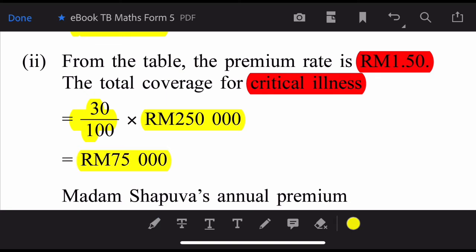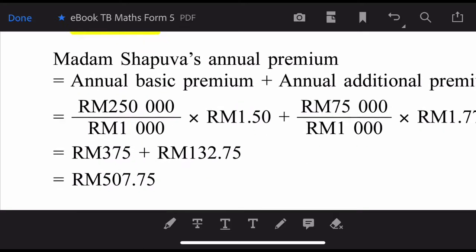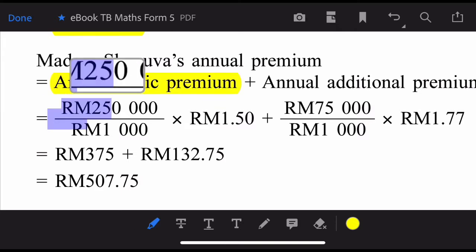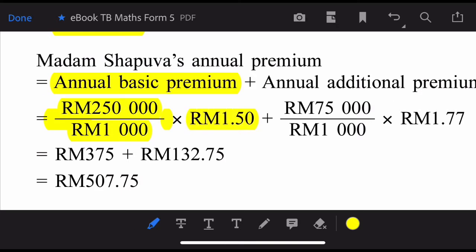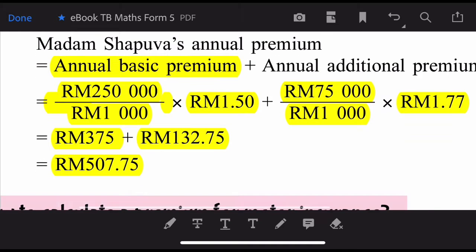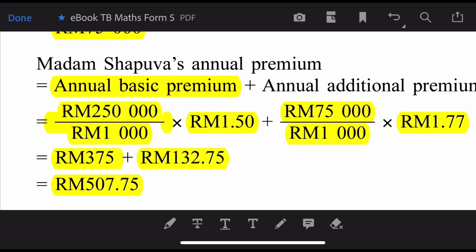Madam Sapurwa's annual premium is the sum of two parts. First, you calculate the annual basic premium, 250,000 over 1,000 times 1.5, plus 75,000 over 1,000 times 1.77. So the annual premium for Madam Sapurwa is 375 plus 172.75, which is 507.75. This is the annual premium that Madam Sapurwa needs to pay to the insurance agent.